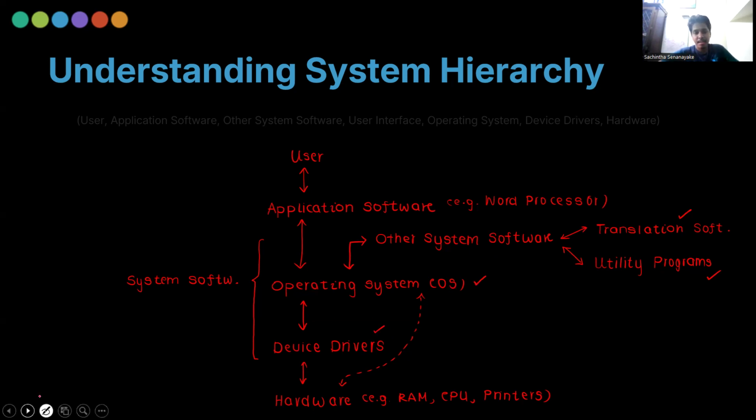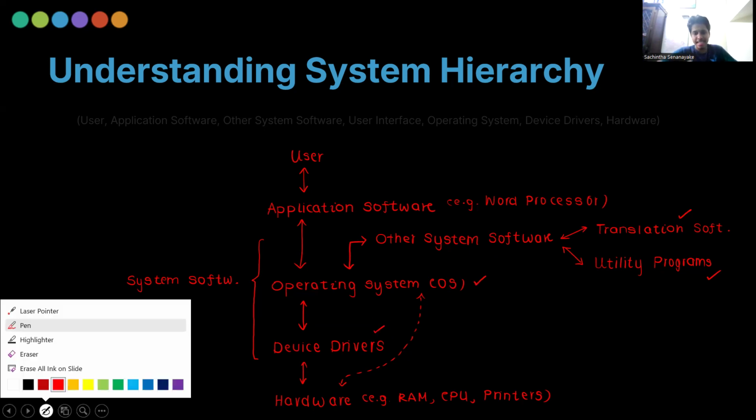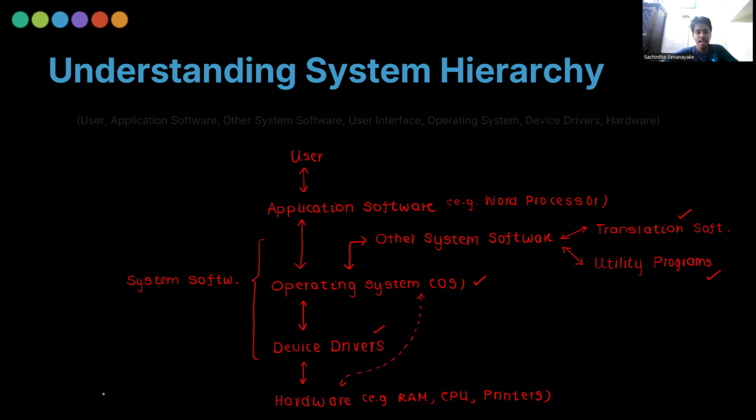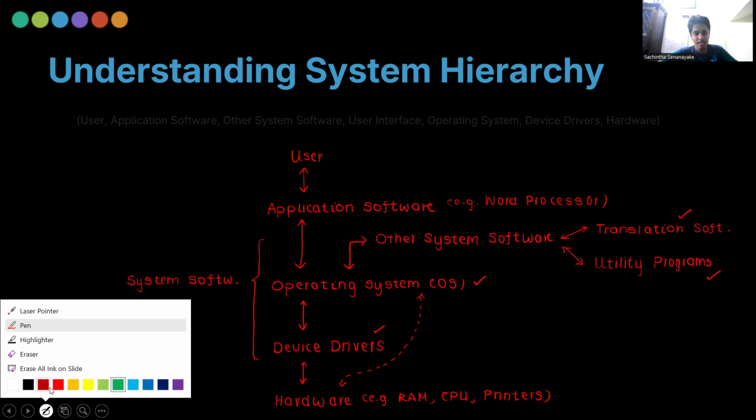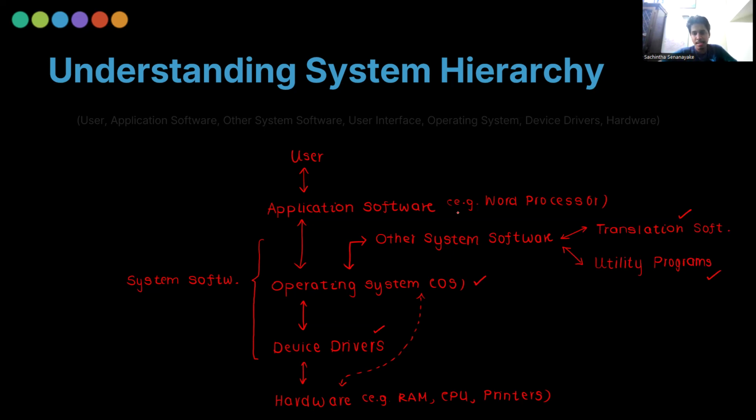Now that we understand what system software is composed of, and therefore what other system software means, it's basically everything but the operating system and device drivers, we are ready to understand formal definitions for these things. And before I get to the formal definitions, let me give you a few examples of operating systems, translation software, utility programs, and whatnot. So, of course, the user is you, right? User could be whatever your name is.